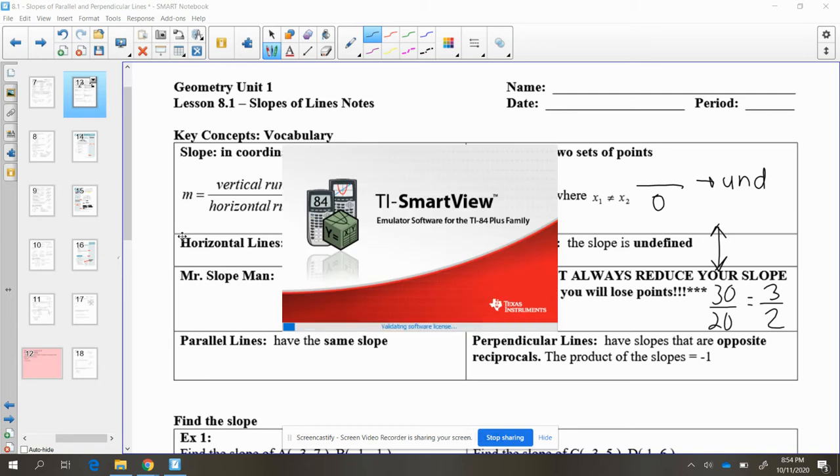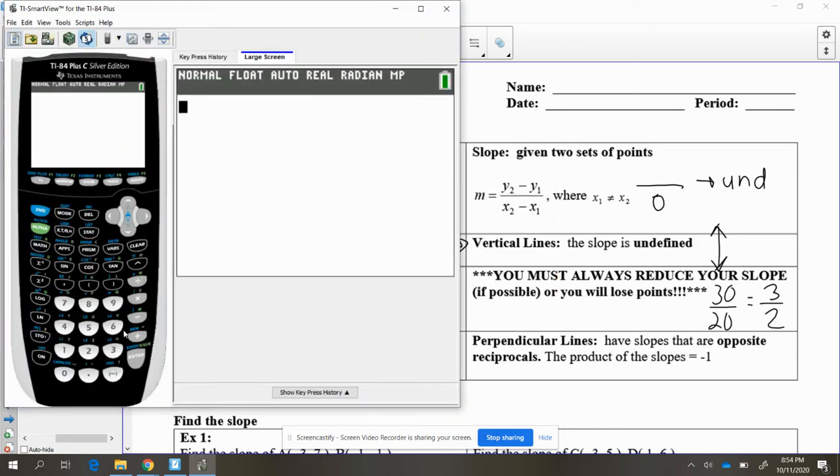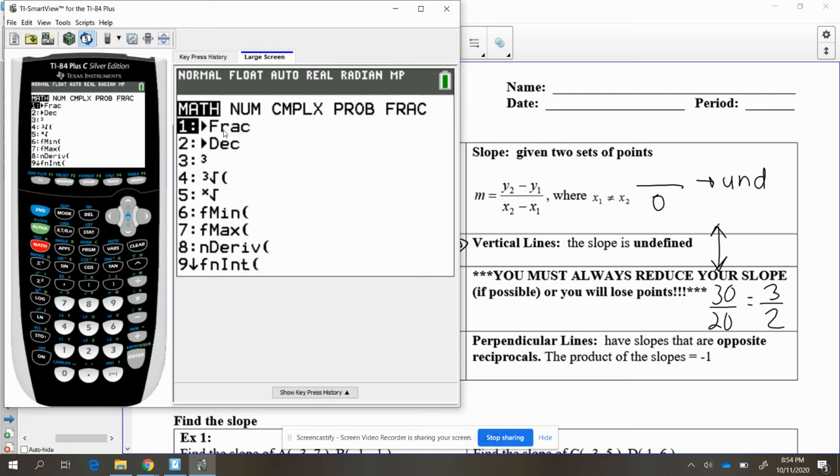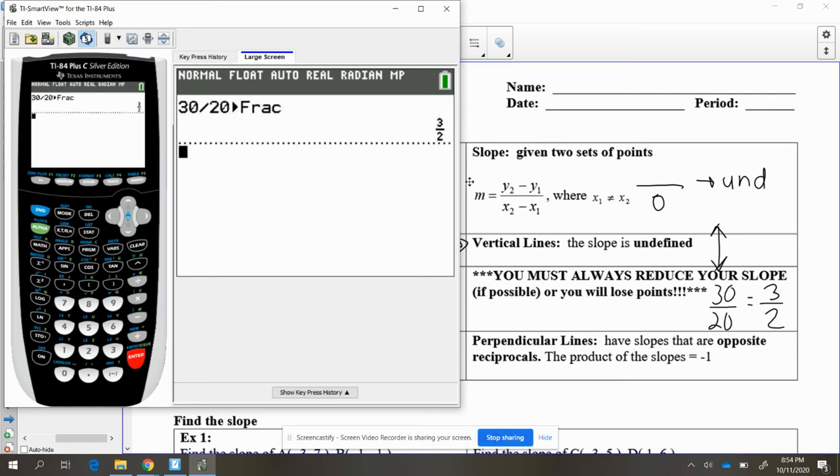So for instance, on that example I just showed you, 30 divided by 20, if I hit math and then option 1 fraction, it'll reduce my slope for me, okay? If you're on a smaller calculator, you'll have to hit the ABC button to be able to make sure that you get that reduced fraction, okay?